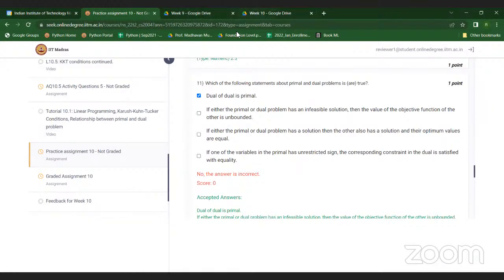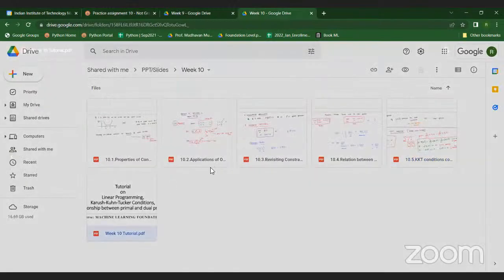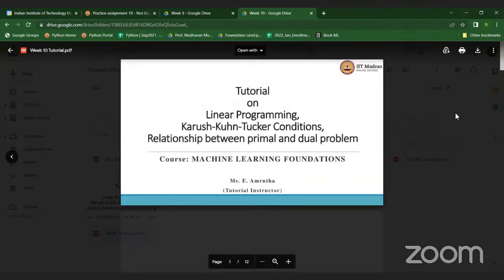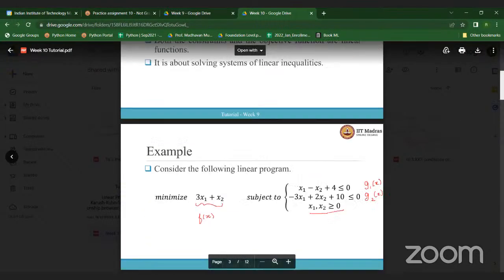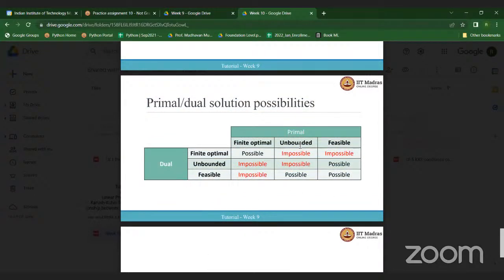If you have looked at this tutorial, there it was mentioned, the relation between these solutions. That was mentioned. Look at it, right? It has been the primal.